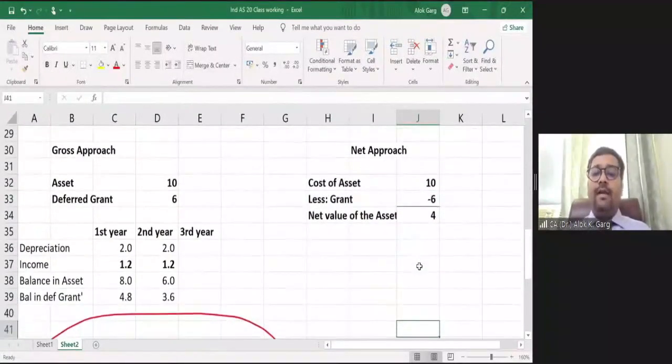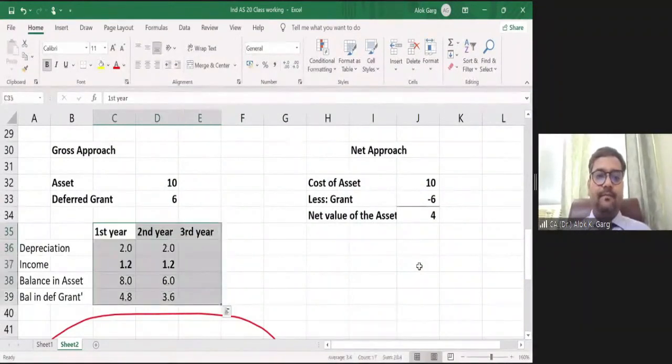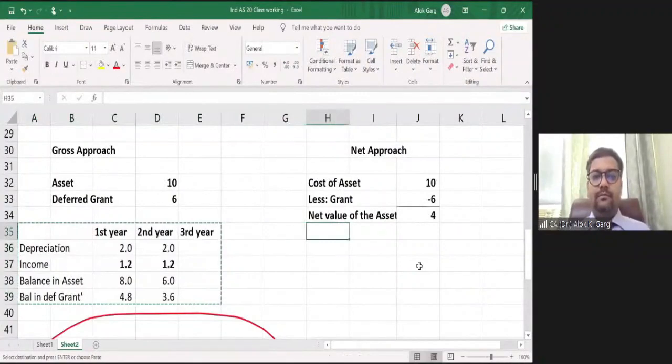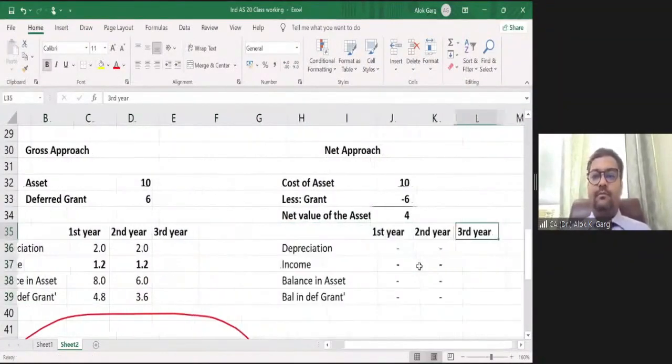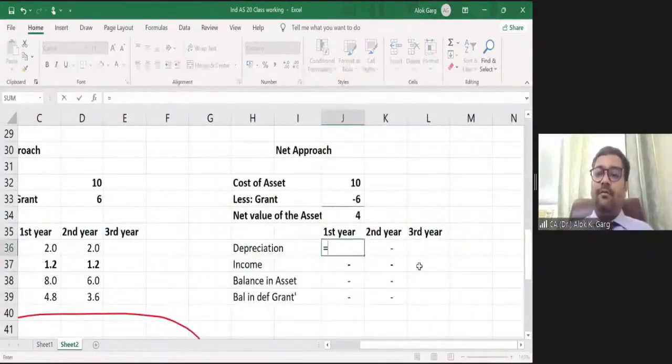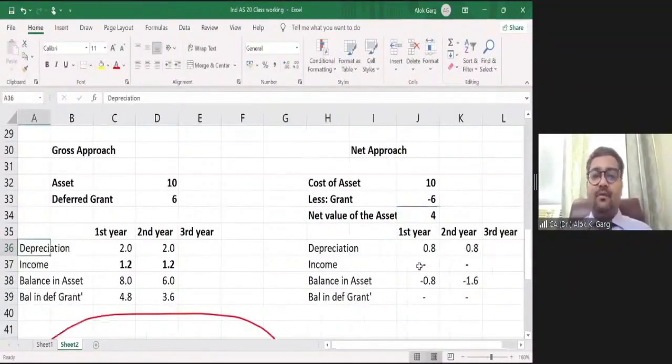And now what will be the accounting entry in the first year? In the first year, what will be the depreciation? 4 divided by 5, 0.8. You will see the impact is 0.8 only.